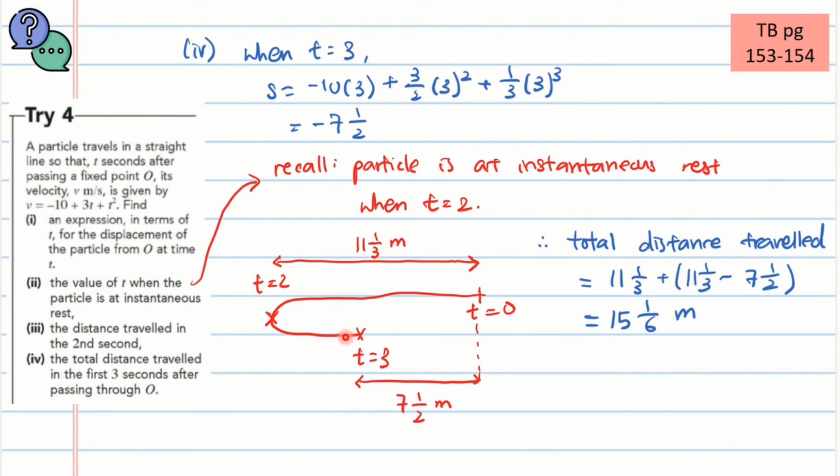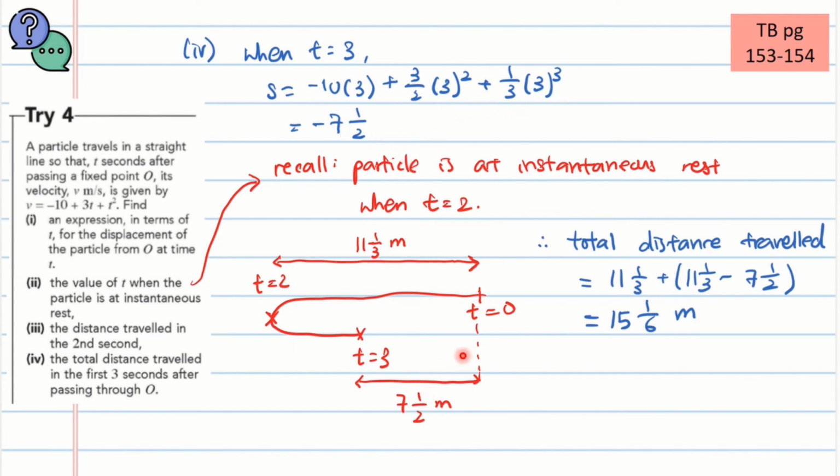So earlier on in my part 3, I have already found the displacement from O to time equals 2, which is 11 and 1/3 meters. So what I'm short of is this distance over here. However, I can only find that if I know the displacement when t equals 3. So I substitute t equals 3 into the displacement function that I have, and then that will be negative 7.5 meters.